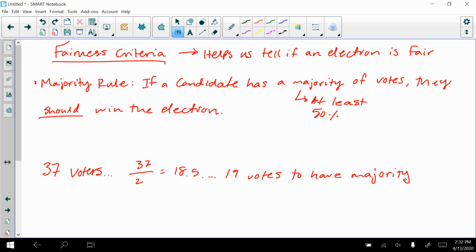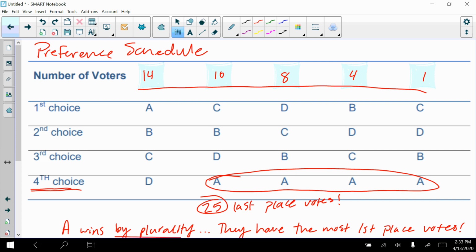For a majority of the people to agree with a candidate, 19 of the voters would need to say they want one candidate. Well, if we go back and look at this preference schedule, a majority certainly did not agree on one candidate. A won the election, but they only have 14 votes.